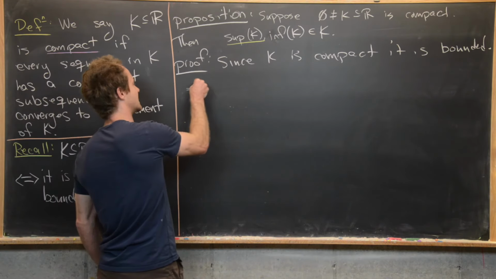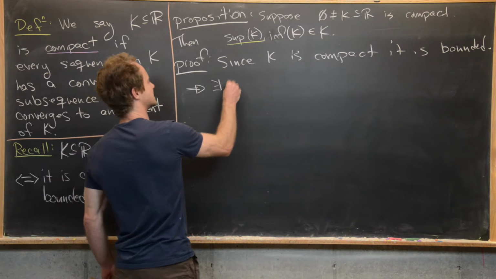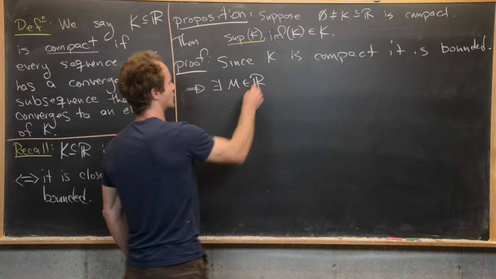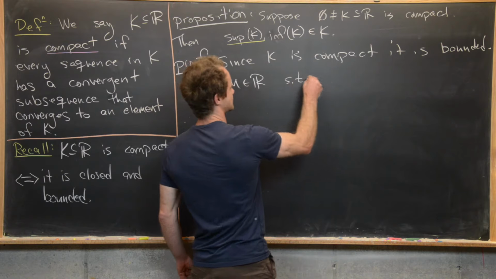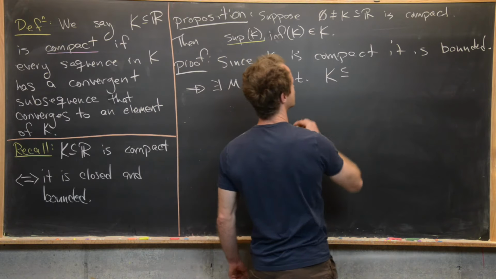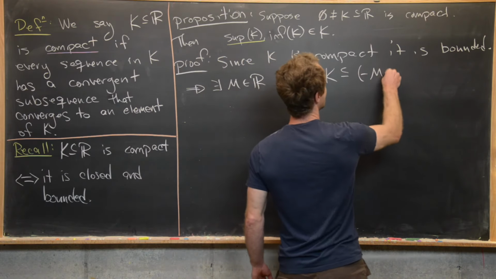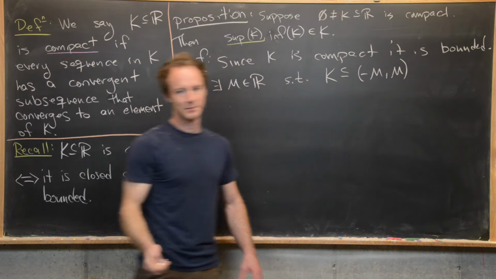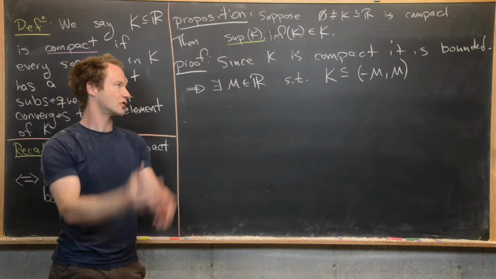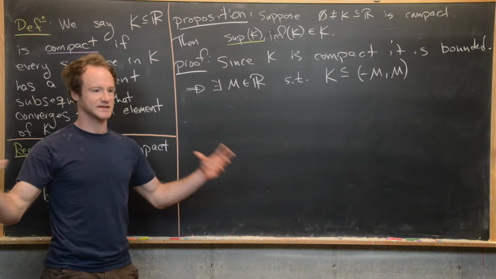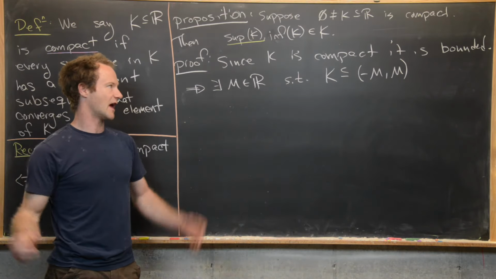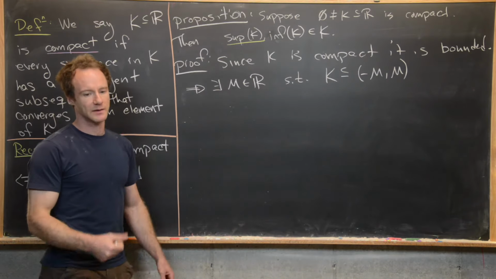And so what that tells us is that there exists some real number M, which we could think of as quite large, such that the set K is completely contained in the open interval minus M to M. So we've put a huge circle around K, and that fits all of K. It's just that circle is like one-dimensional given that we are on the real number line.